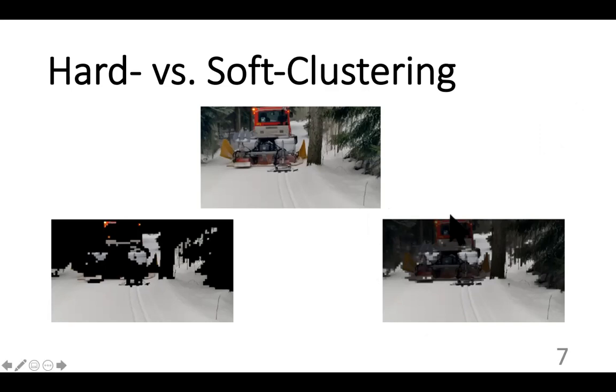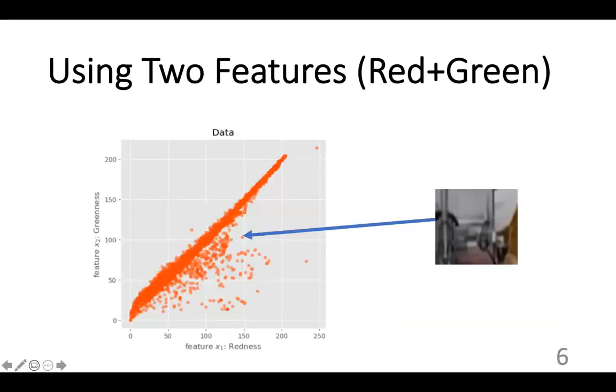But let's now continue with soft clustering. Let's say we don't want this hard clustering. This hard clustering is a bit rough. There might be some patches which are on the boundary between the two clusters. So these red parts, for example, don't really belong to the snow cluster, but still are assigned to the snow cluster. At some point, hard clustering must draw the line, so to say.